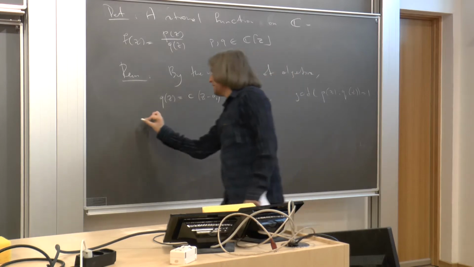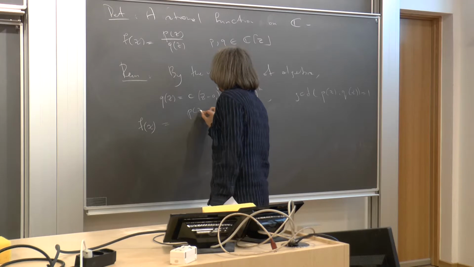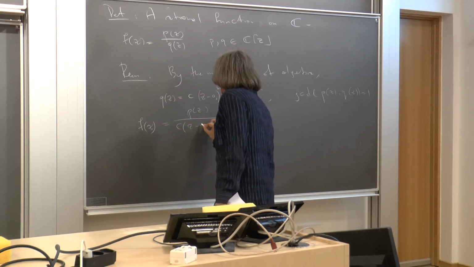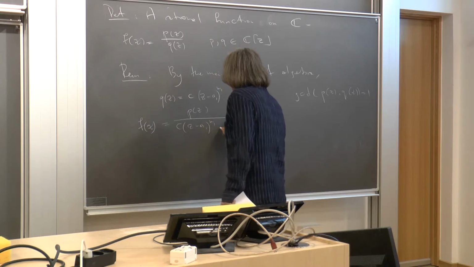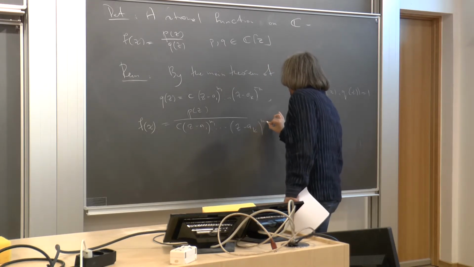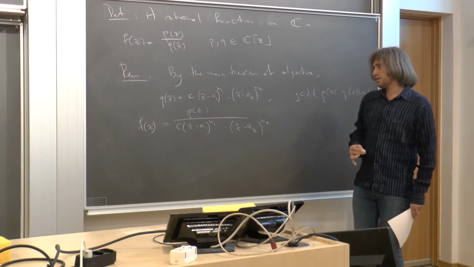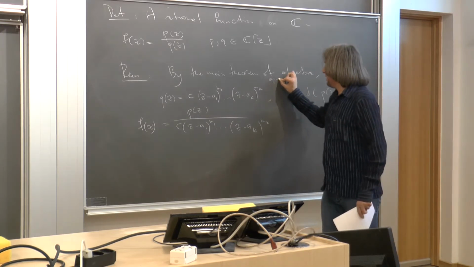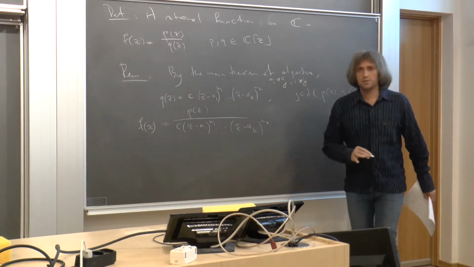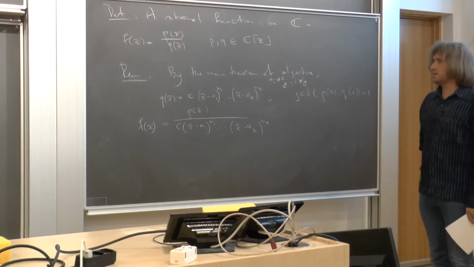So then f of z, as we see, is P of z divided by C times (z minus A1) to the power m1, and so on, up to (z minus AK) to the power mK. I put these factors into groups in such a way that AI would be different from AJ, I different from J. Otherwise, I would put several factors into one with a bigger exponent.